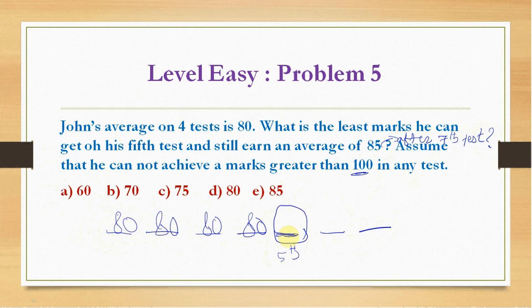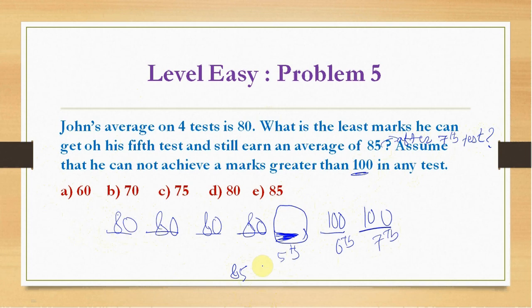So to get the minimum number on 5th test, he should achieve maximum on the 6th and maximum on the 7th. Now what should be the minimum marks on this test? So our average to be maintained is 85.